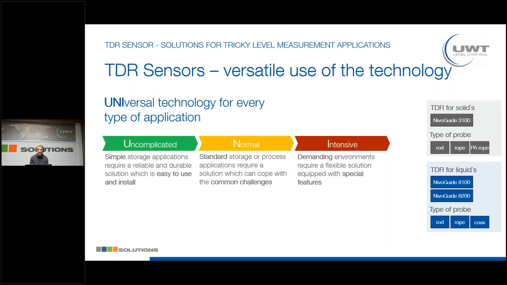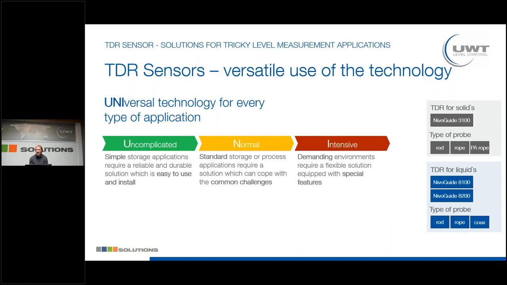And the third type are the very intensive applications, where you may have an interface measurement, high temperatures, high pressures, and when you need a quick reaction time, maybe you have installations inside the tank like mixers or something else, you can also use the TDR technology in those types of applications.